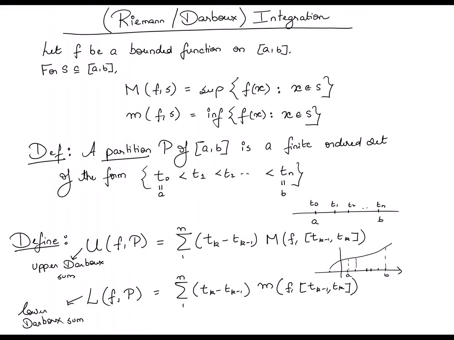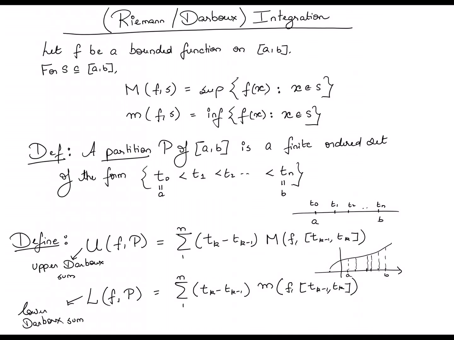So now what you do is you break up the interval AB into the subintervals that are specified by the partition. And in each of these, you basically multiply the width of the subinterval with the supremum of the function value over that subinterval. Now, since I have drawn what looks like a continuous curve, the supremum over a subinterval is the same as the maximum over the subinterval, right?